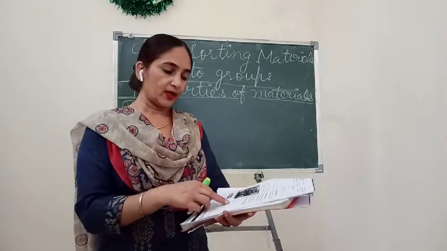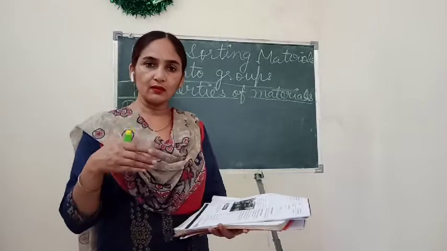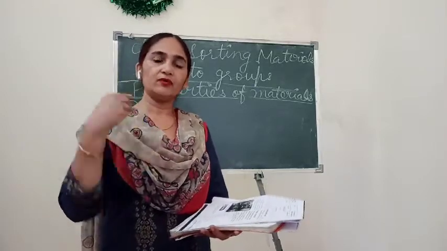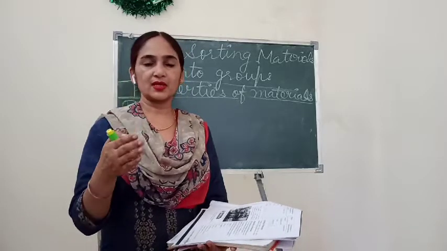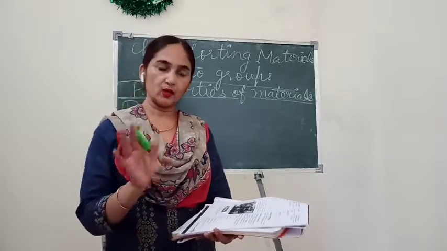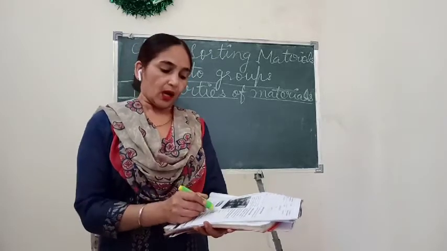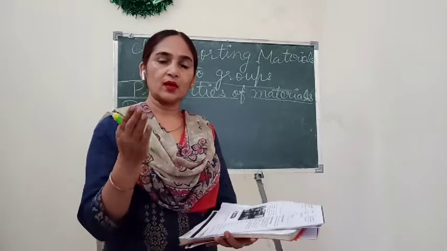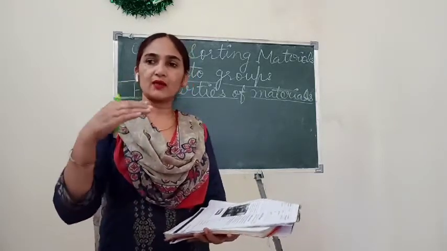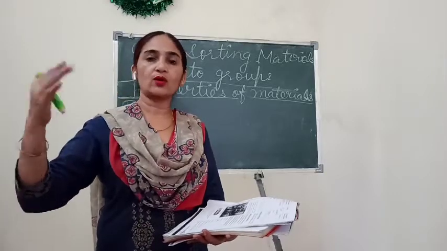Next, they have given transparency. I am just reading out all the names. Then one by one we will study according to your book which topics are given, and I will explain you in detail. So after that, transparency: you know that whether any material is transparent means it allows light, full light, to pass through it or not.